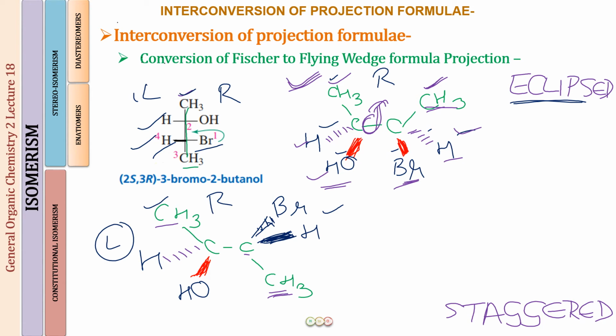And in the staggered projection, where you have a solid wedge, opposite to that put a dash, and where you have a dash, opposite to that put a wedge. Then you can just fill up looking at the right and the left on the vertical line. So this is how you will get the two conformations for 3-bromo-2-butanol, one eclipsed and another staggered. I hope this is clear to you.